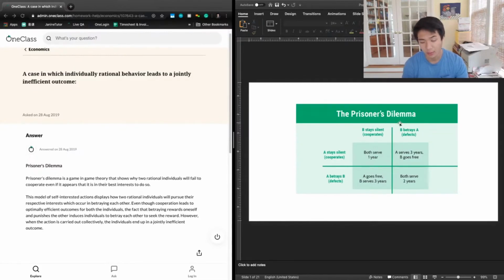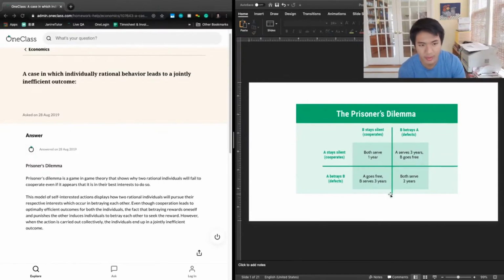Finally, if they both betray each other independently, then they both serve 2 years. This is the prisoner's dilemma setup, and the numbers don't have to be these numbers. They can be a little different, but the same idea will always apply.